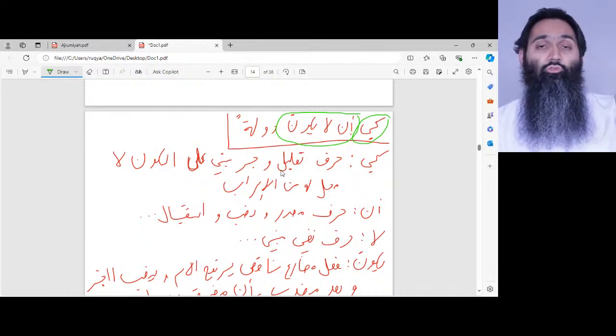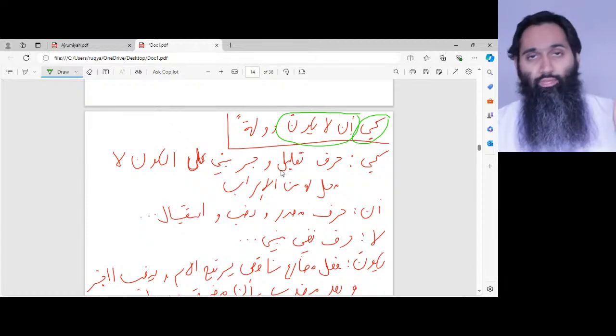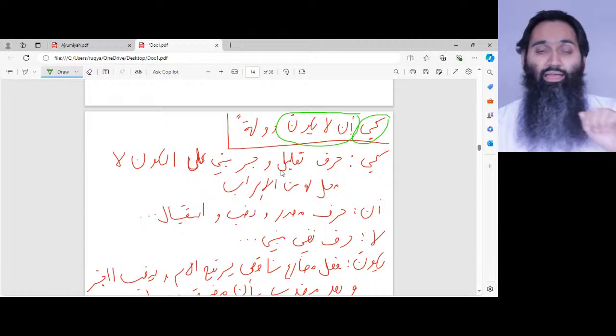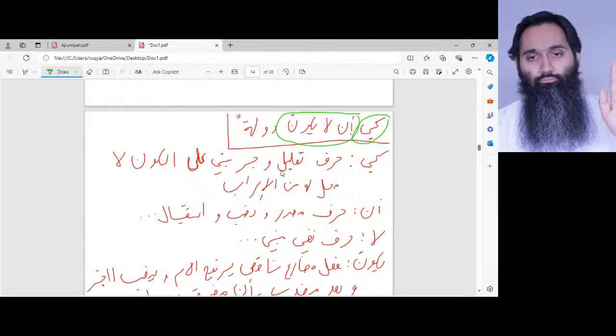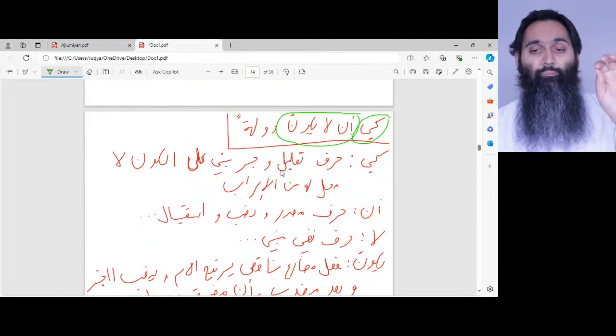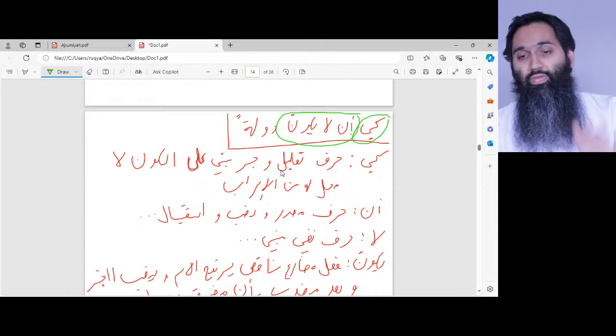It's either going to be majroor with the lam, which is there or which is assumed, or the masdar mu'awwal is going to be majroor with K when there is no lam before the K. Either way, the masdar mu'awwal that comes with K is always going to be majroor. It's majroor with the lam if the lam is there lafdan or taqdeeran, and if the lam is not there lafdan or taqdeeran, then the masdar mu'awwal that comes after K is going to be majroor bK.